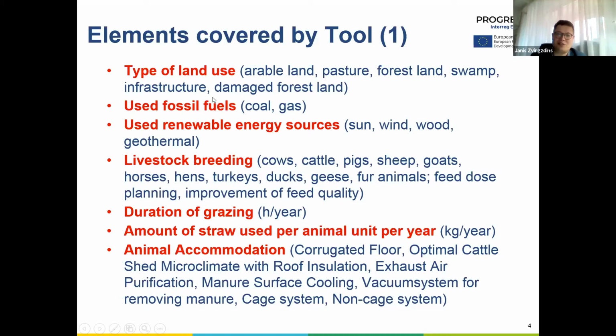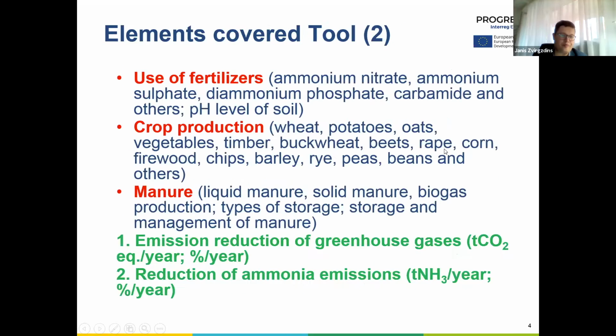So the farmers or any interested parties have to tackle the type of the land use, used fossil fuels, used renewable energy sources, livestock breeding, duration of grazing, amount of straw used per animal unit per year, animal accommodation, use of fertilizers, crop production, and of course manure, including the manure management.